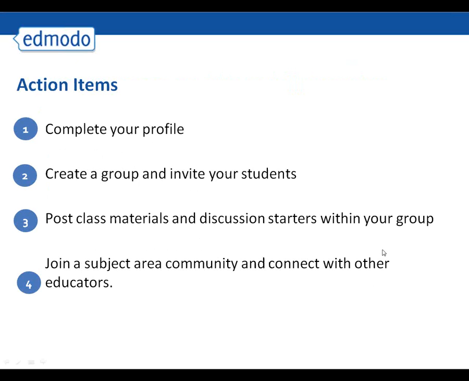And then this says action items. These are different things that you can do. Number one, you're going to want to complete your profile. Number two, create a group and invite your students. Number three, post class materials and discussion starters within your group. And number four, join the subject area community and connect with other educators.